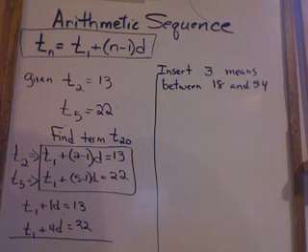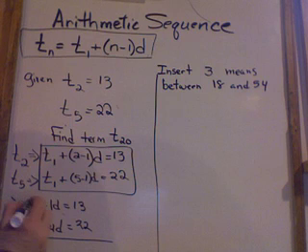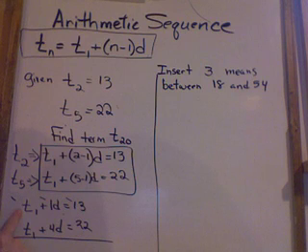Nothing disappears. What if I subtract the first one, the top one, from the bottom one? T1 minus T1, 0. 4d minus 1d, 3d. 22, take away 13, is 9. Right? Now, solve this for d, so d equals 3.